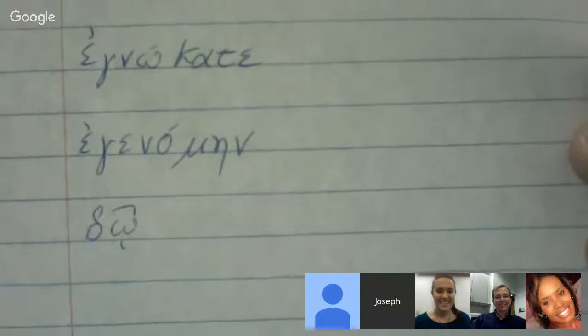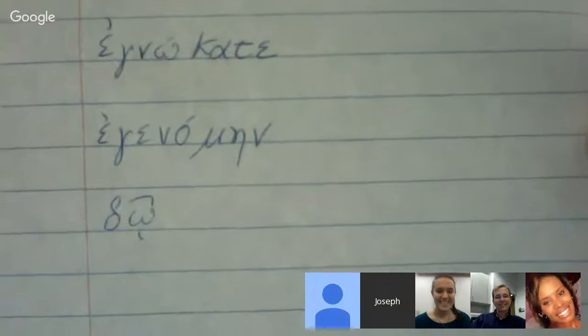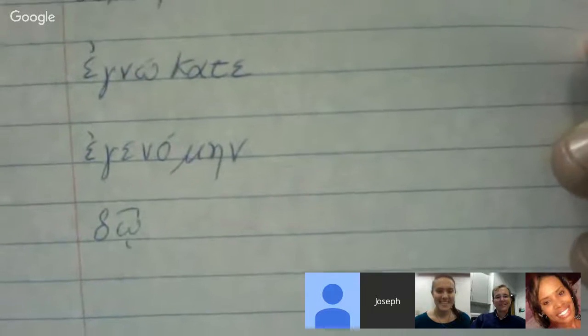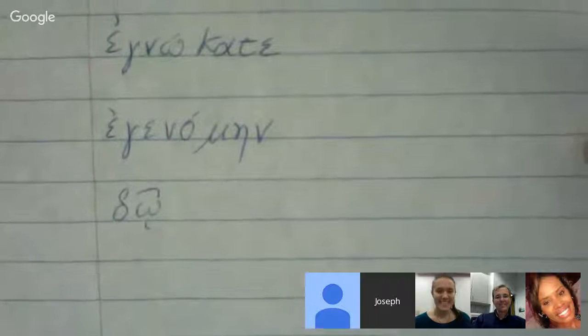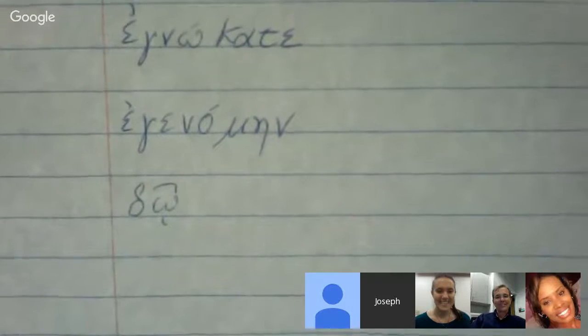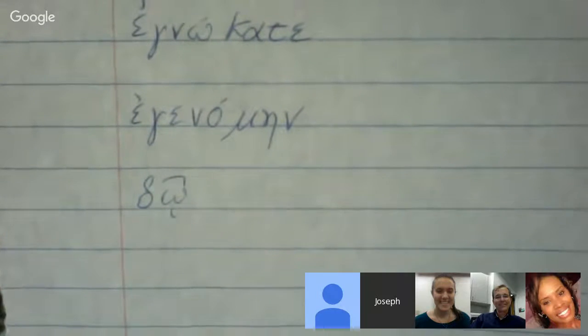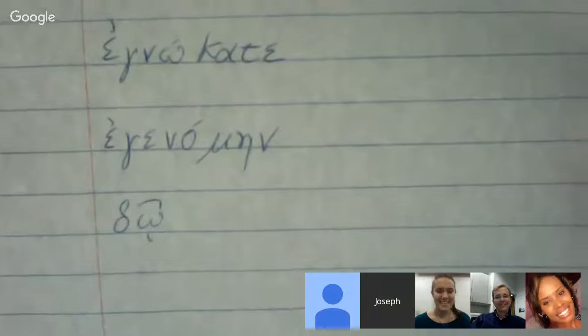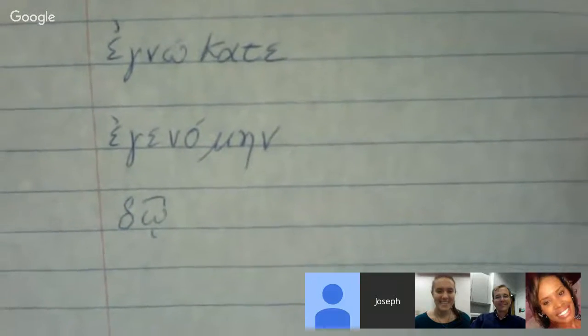Third singular aorist subjunctive. It is aorist active subjunctive. Well, there's another form too, isn't there? There's another form too that looks the same. Aorist middle subjunctive, second person singular. Is it the aorist middle, second singular that looks the same?